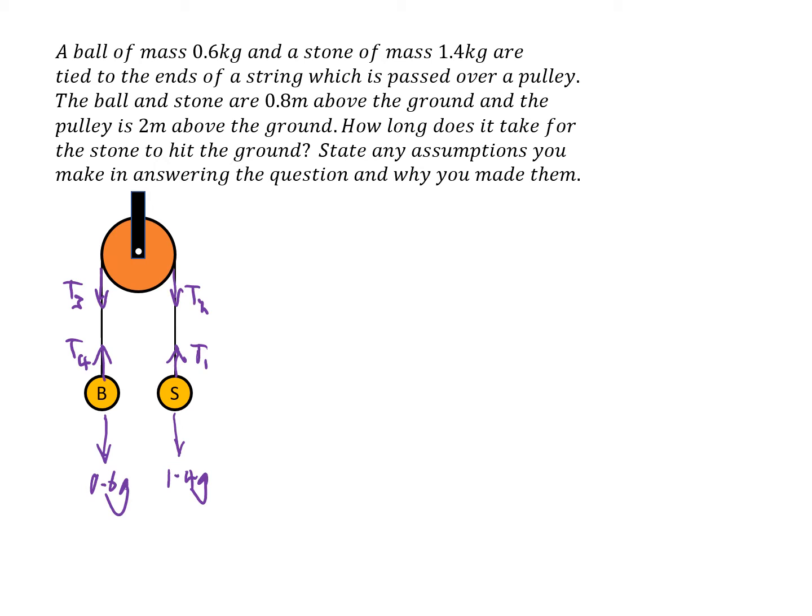When these particles, the stone and the ball, start to move, the stone will move with an acceleration in that direction, which I'll call A1, and the ball will move in that direction with an acceleration which I'll call A2.